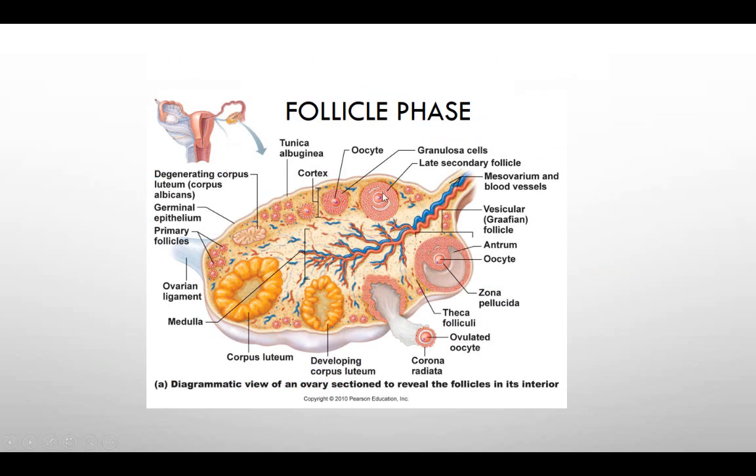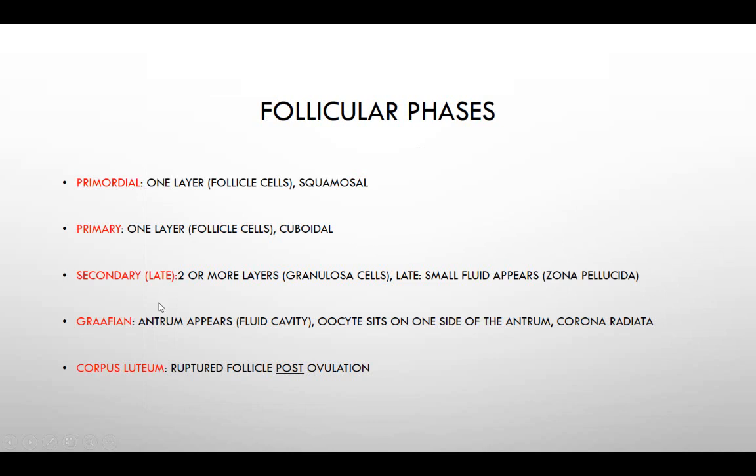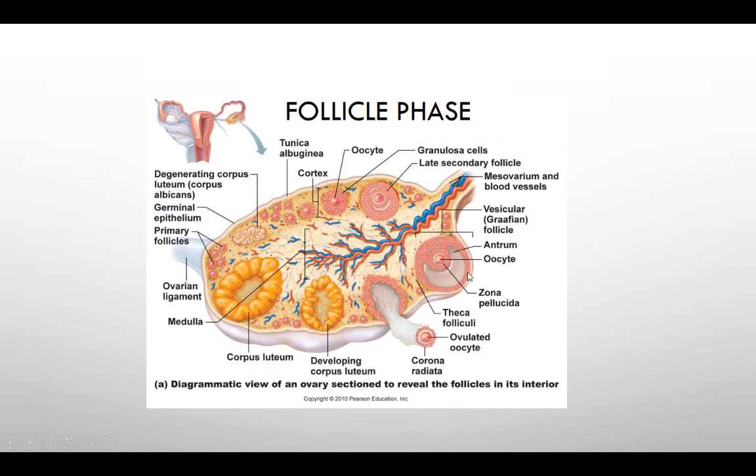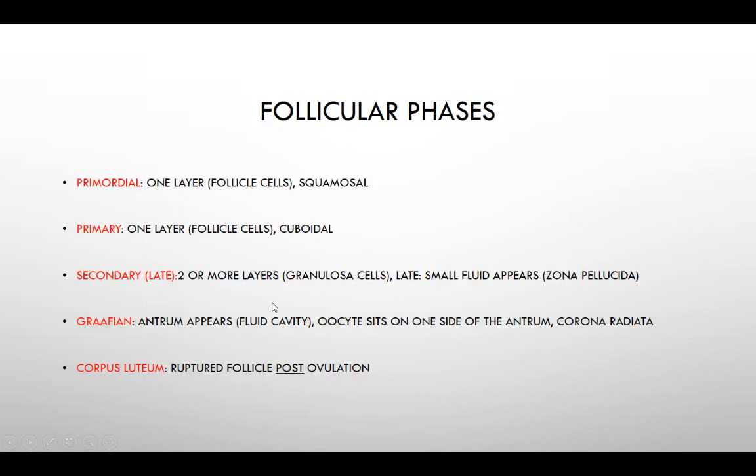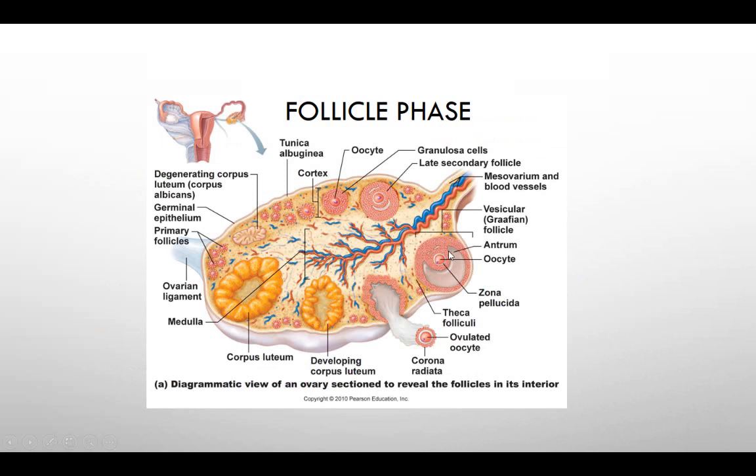these secondary late follicles. And then we have our graafian or mature follicle, and as you can see right here, it has this antrum, which is a fluid cavity that appears, and we have this corona radiata. So if I go back here, this is that corona radiata, which is these cells right here that eventually are ovulated with the secondary oocyte here.